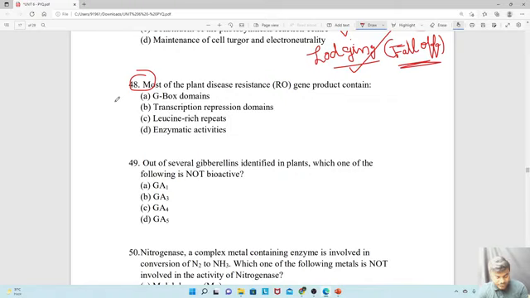Try this. See, leucine rich repeats. Okay. Anyone else can give the answer for this?